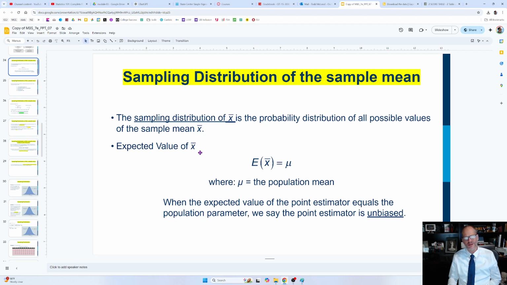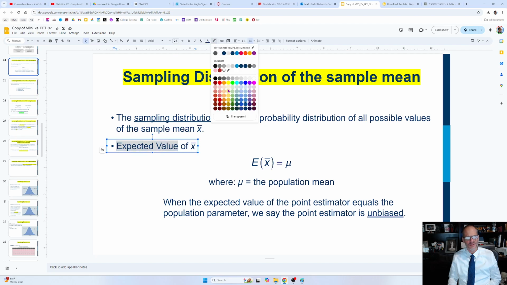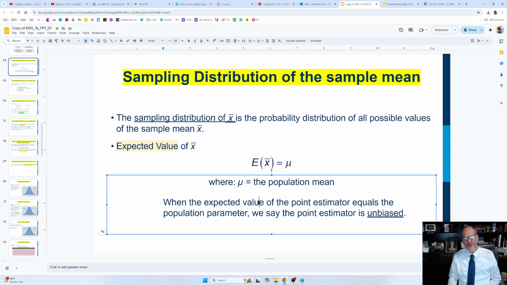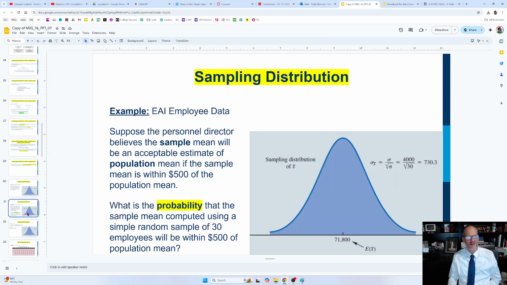And the expected value of the sample mean is the population mean. When the expected value of the point estimator, the sample mean, equals the population parameter, we say the point estimator is unbiased. So here we have our sample mean.